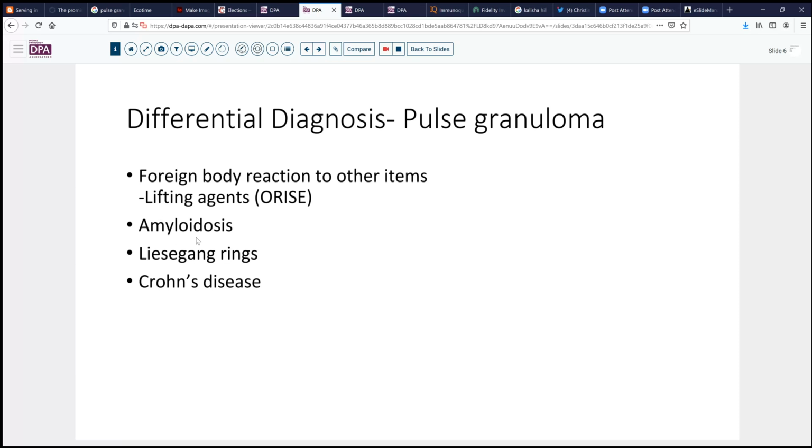Amyloidosis might occasionally give you this sort of hyaline eosinophilic material. Lysogang rings also have been reported to have a similar appearance. And of course, Crohn's disease with fissuring ulceration can lead to extravasation of food and enteric contents and formation of granulomata.